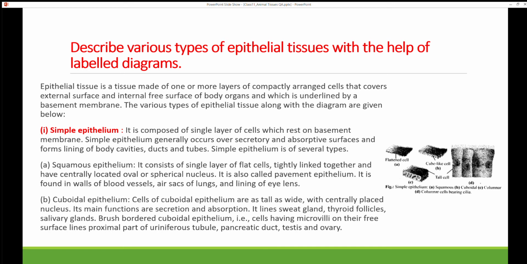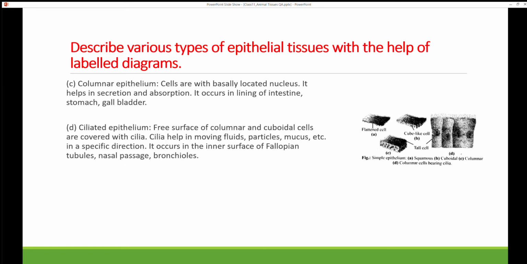Where is it found? Mention the different types of simple epithelial tissues and where they are found in animals. With the help of a neat labeled diagram, explain the structure of squamous epithelium. Describe various types of epithelial tissue with the help of a labeled diagram. Again, the third type is columnar epithelium.